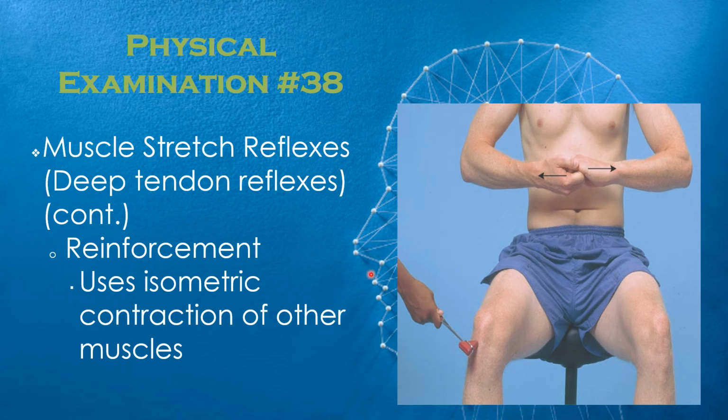If the patient's reflexes are symmetrically diminished or absent, you can use reinforcement, which is a technique involving isometric contraction of other muscles for up to 10 seconds that may increase reflex activity.